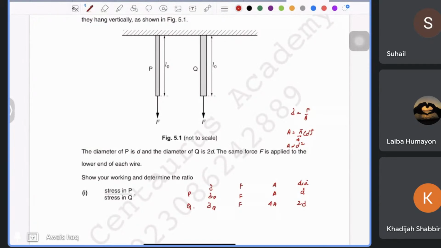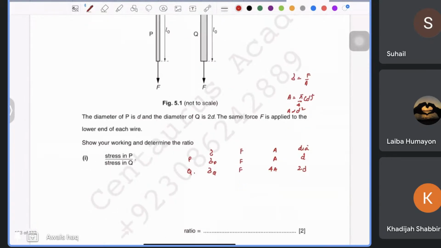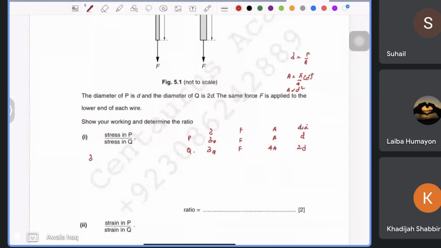Okay. So now you can simply use stress in P would be force over area, and stress in Q will be force over 4 times area. And then we can divide this directly, or you can just simply write it as stress in P over stress in Q equals force over area divided by force over 4 areas, and then just multiply.